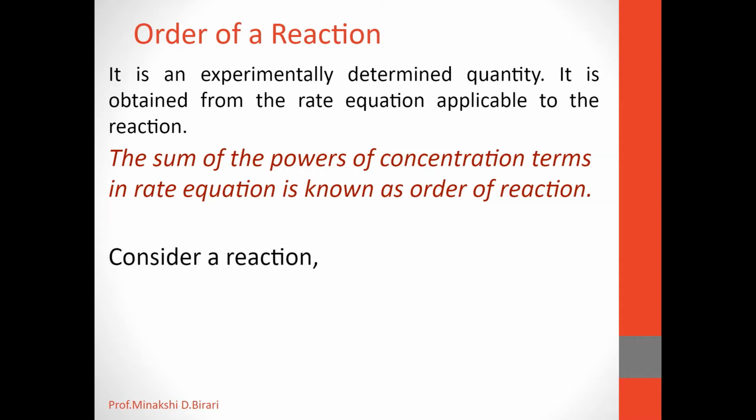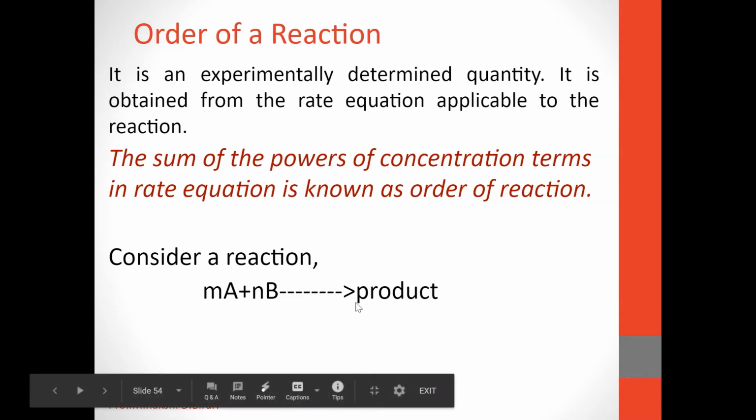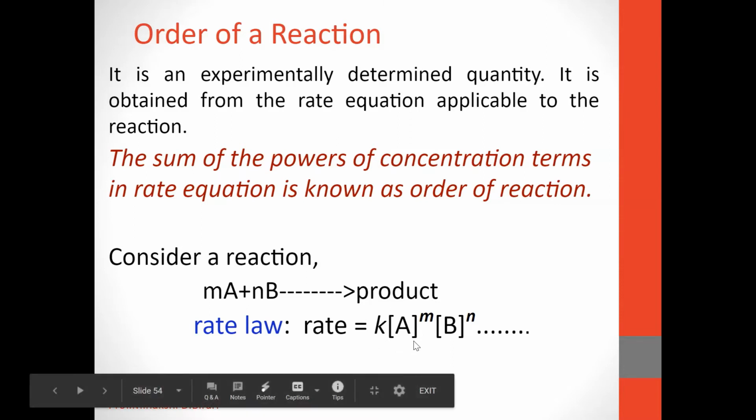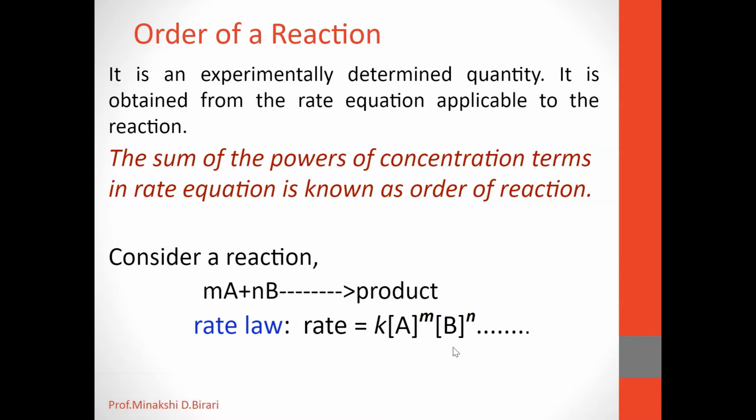Suppose consider a reaction: m moles of reactant A plus n moles of reactant B gives the formation of product. The rate law for this reaction will be rate is equal to velocity constant, that is k, concentration of A raised to m, concentration of B raised to n.